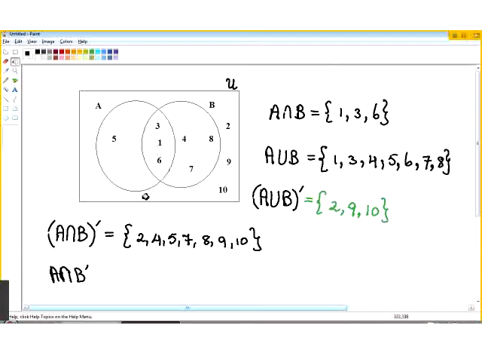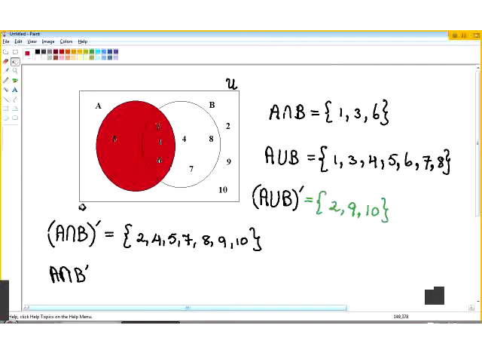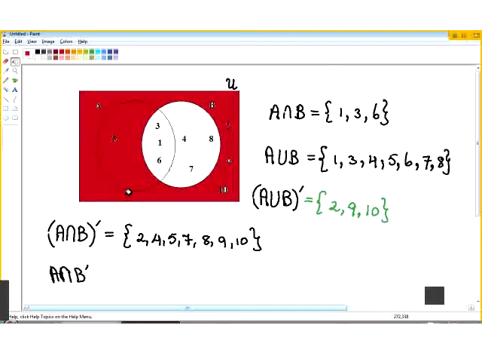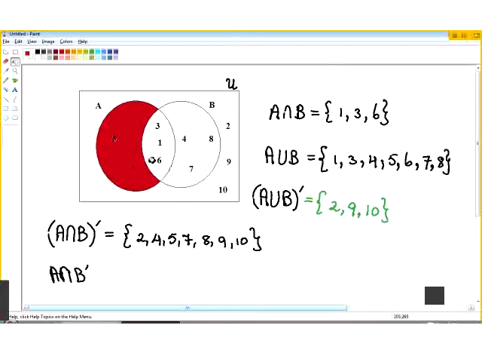So think about it. Let's put some colors on this. Let's say this represents my A. B complement will be everything outside of B, which will be this region and this region. And intersect means what's common between the two of them.